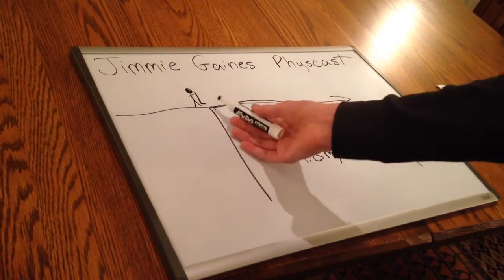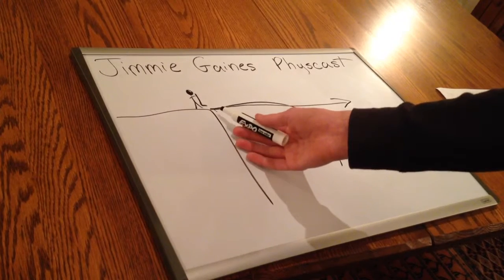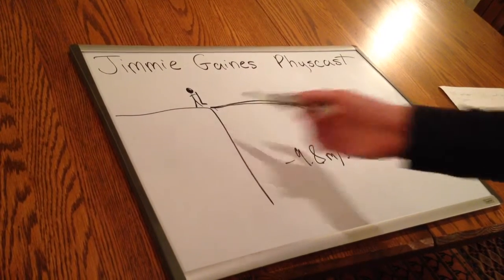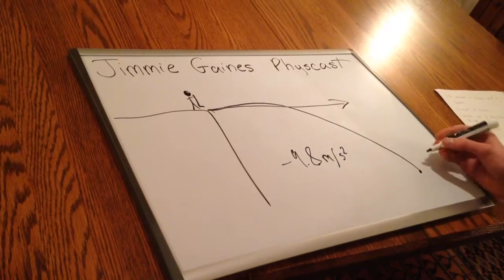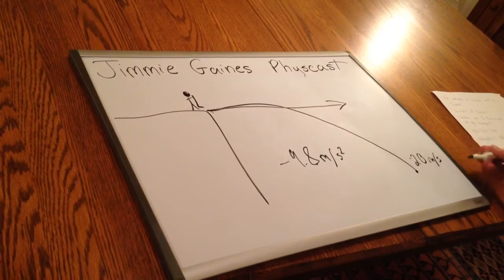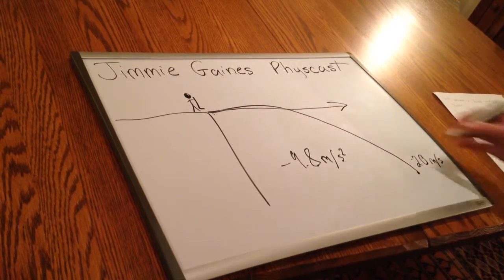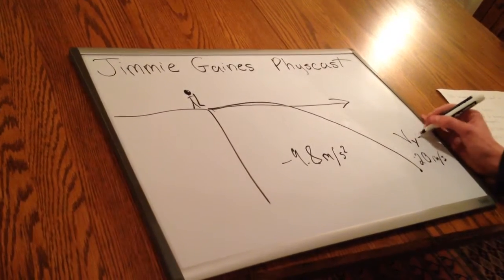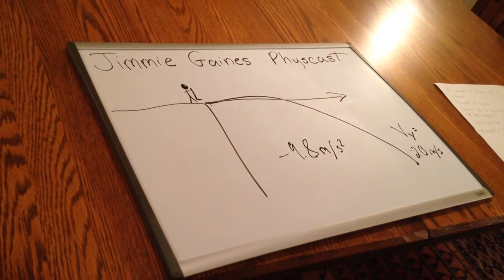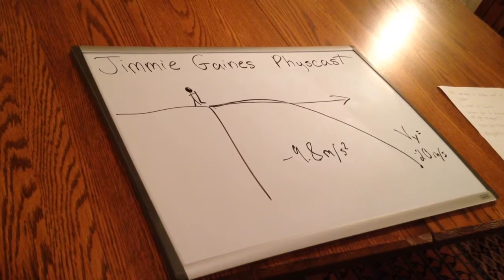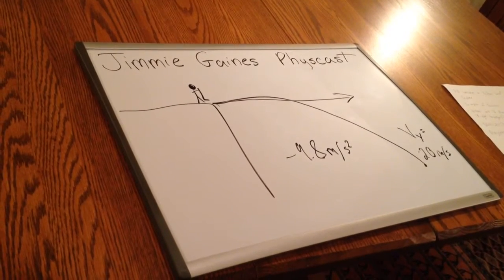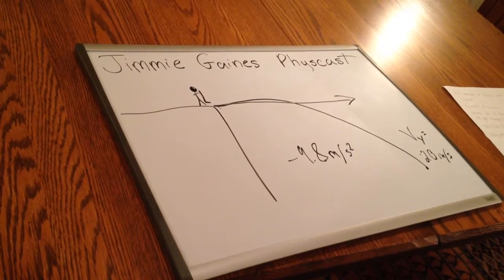So at first, your velocity of the golf ball in the y direction is 0. But towards the end, it could be negative 20 meters per second in the y. And also in this situation, we are not taking into account air resistance, so the velocity that the man hits it in the x direction will be constant.